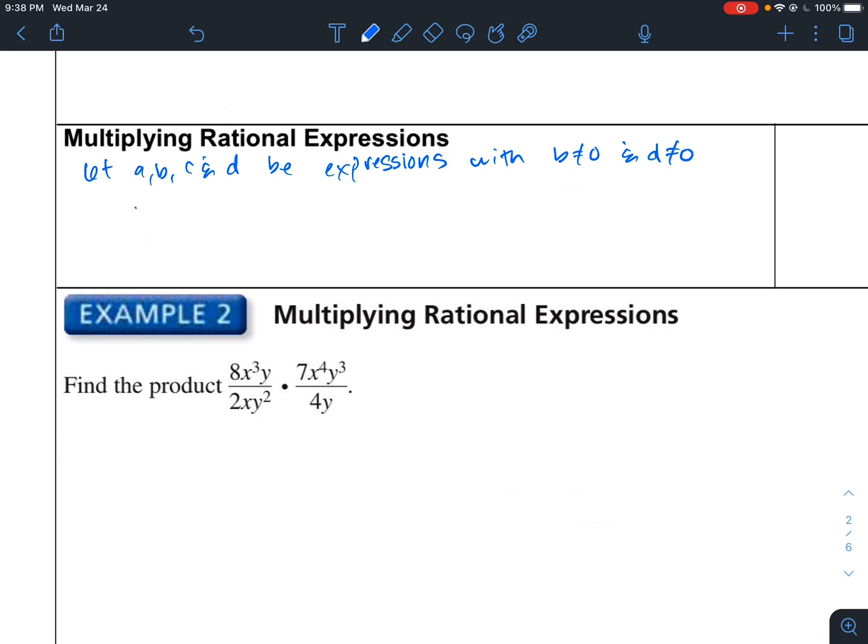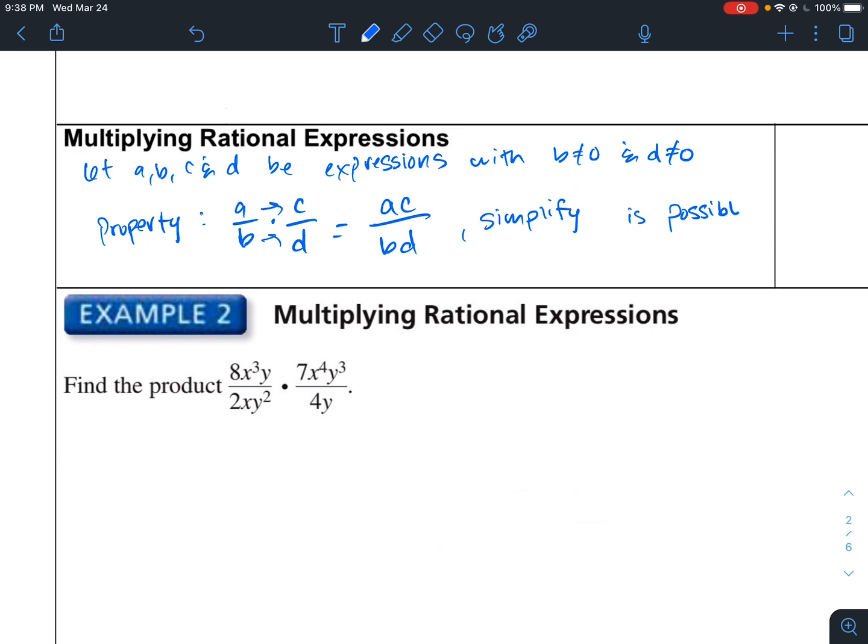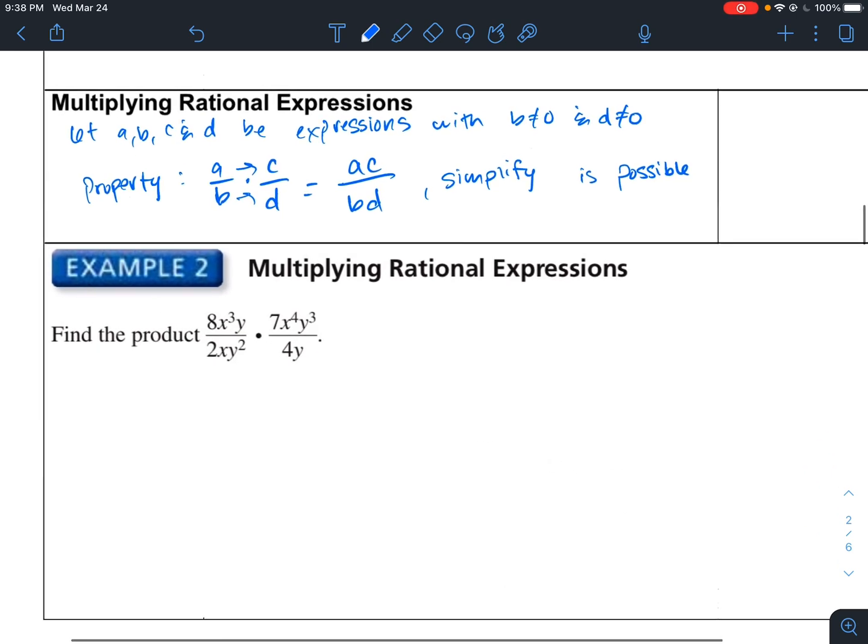If this is the case, then the multiplication property is stated as A divided by B times C divided by D. This is equivalent to just multiplying straight across, so you have A times C over B times D, and simplify if possible. Okay, so that's what we're going to do when we multiply.